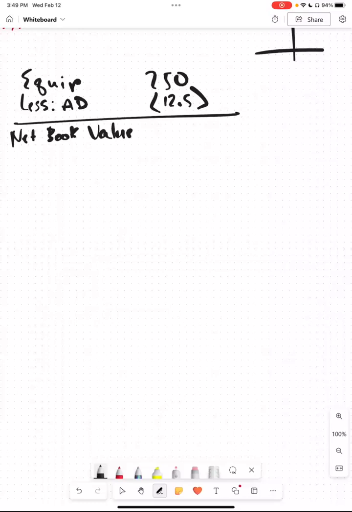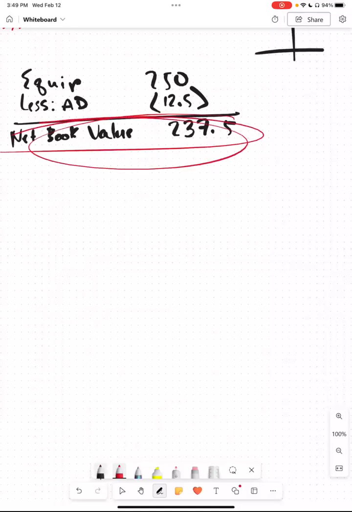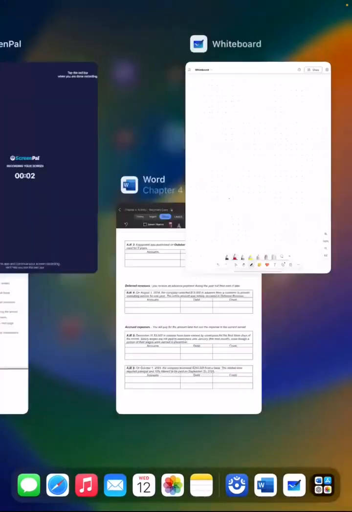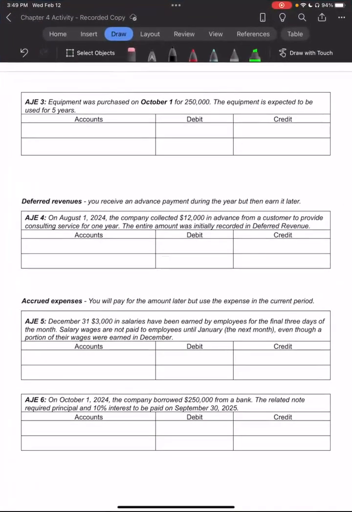That net book value becomes $237,500. This net book value, that's why we do this. And we'll talk about this much later in the course. All right, so we're going to go ahead and finish that transaction up.